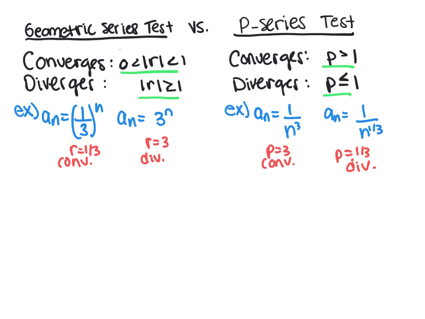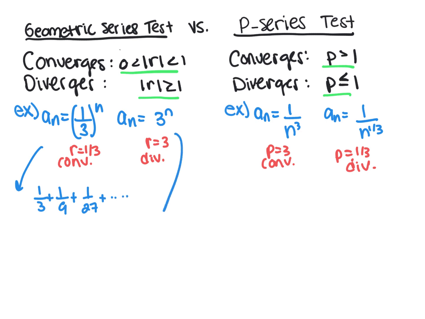Well, let's think about what happens for this first series here. If we add up this series, starting at 1, it would be 1/3 plus 1 over 3 squared, so we'll just write it out: 1/9 plus 1/27 plus and so on.